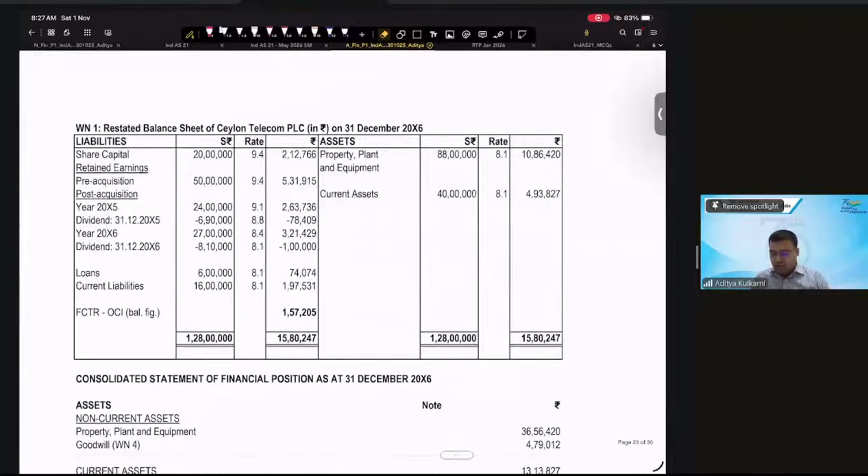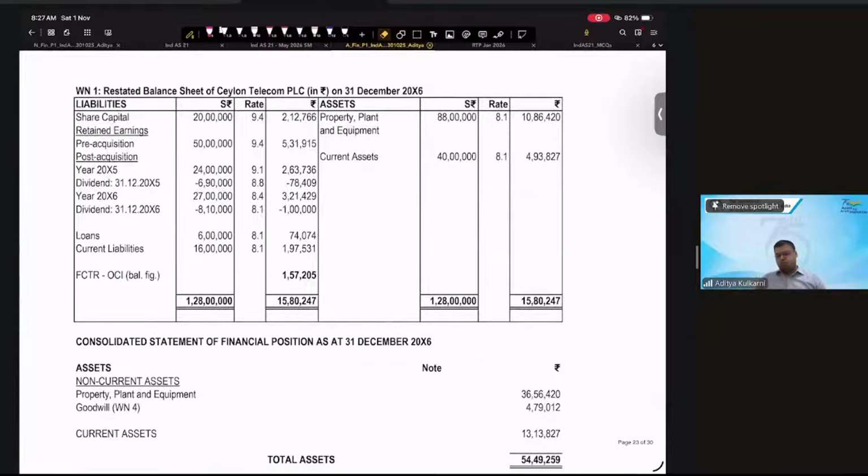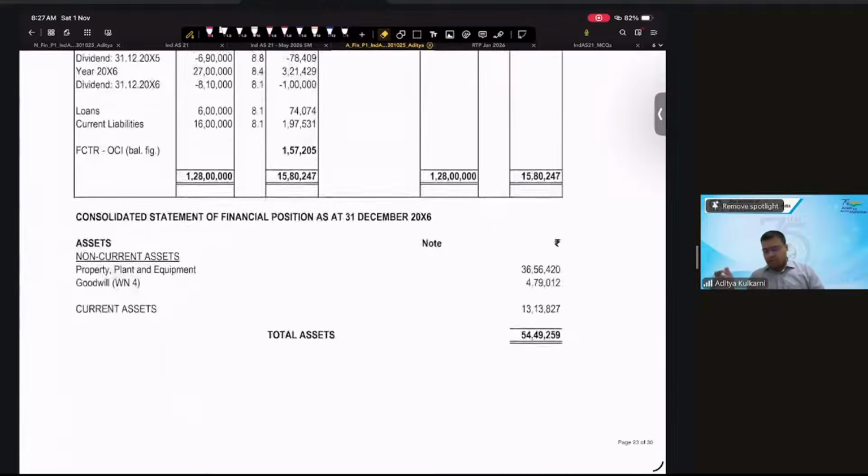Because I don't want you to get confused, as I'm not sure how the consolidation will flow in some particular format. So I don't want to block your minds with the whole consolidation process.